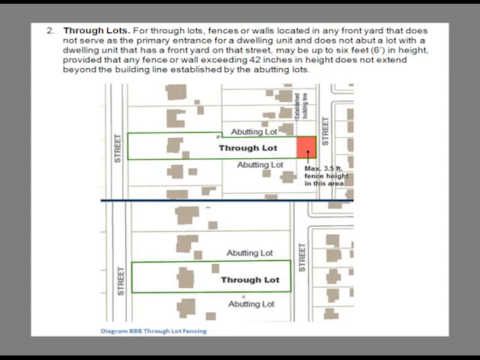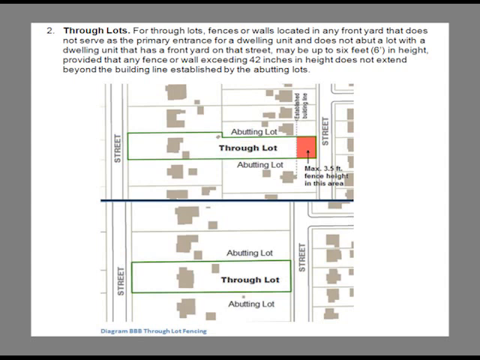In the past, that has created issues because in this example, the area on the right is the backyard of that primary dwelling unit. And under the ordinance, they could have a 6-foot fence in their backyard. But it fronts onto another street, and on either side, it's the front yard of those lots.